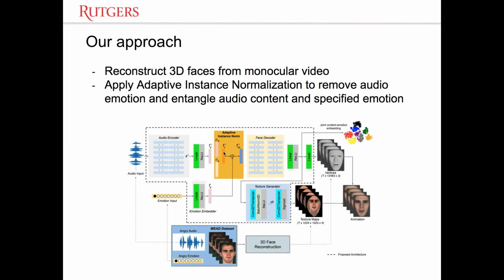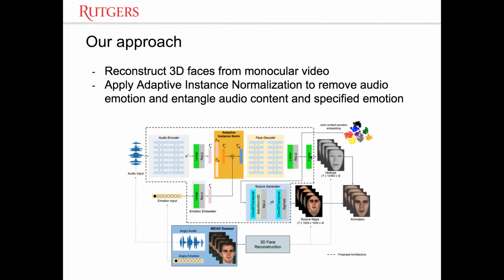With the audio content, we combine the remaining audio content with the embeddings from the specified emotion. Those joint embeddings are passed to a decoder, which is also a bidirectional recurrent neural network. We try to visualize this joint audio content and specified emotion embedding here. I'll show you later.